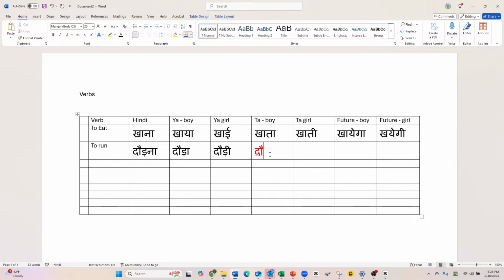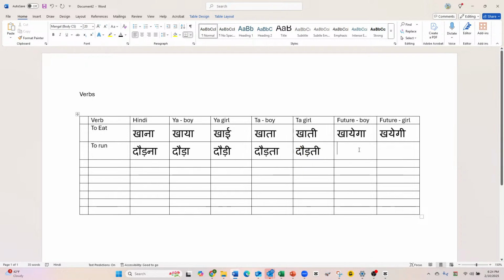Dodta, दौड़ती. Dodti. Okay. Dodta, and then dodti.